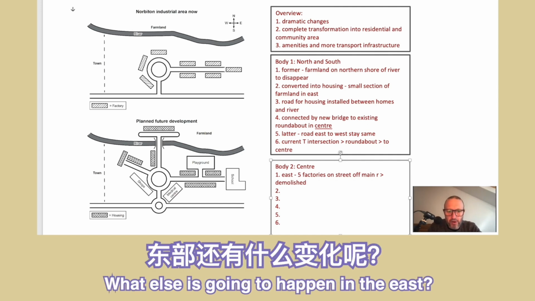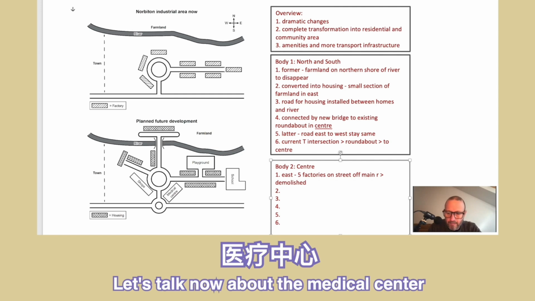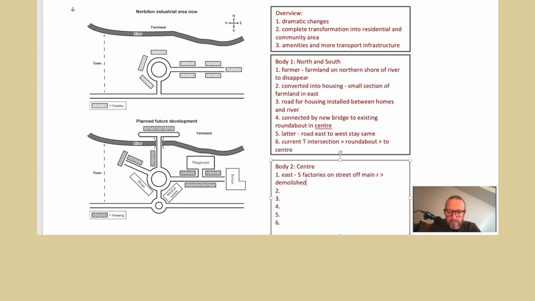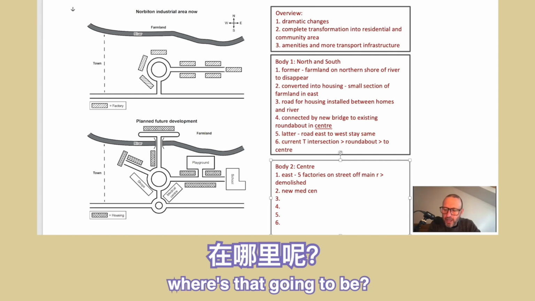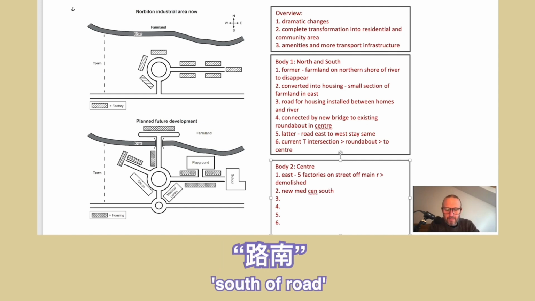Now, what else is going to happen in the east? Let's talk now about the medical center, playground, and school. So I'll say there's going to be a new medical center. Where's that going to be? South of road. Okay, new medical center south of the road.